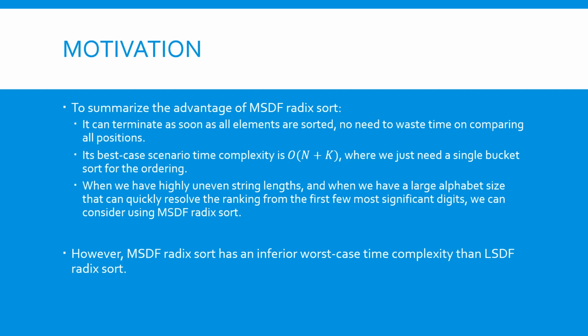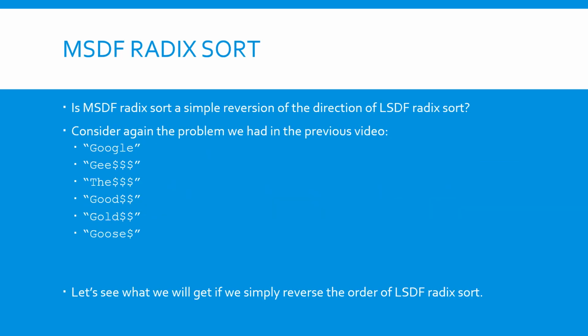We can also derive that when the lengths of the strings are highly uneven, we may consider using MSDF Radix sort. However, note that although MSDF Radix sort has these advantages, it also has a worse time complexity compared to LSDF Radix sort, which will be made clear later in this video. Let's begin our discussion with details of the MSDF Radix sort algorithm.